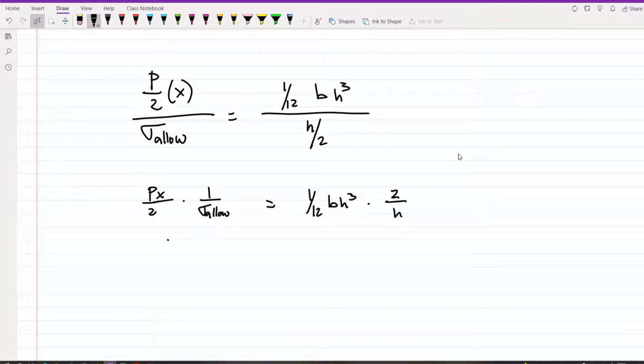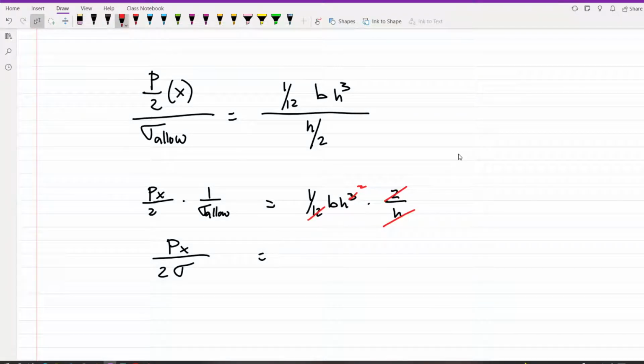Bale, pwede natin siyang px over 2 sigma muna, sigma na lang muna, is equal to, makakancel yung isa. Ito ay magiging squared, ito ay makakancel. So, pwede natin to 2 and magiging 6 na lang. So, 1 over 6 b h squared.